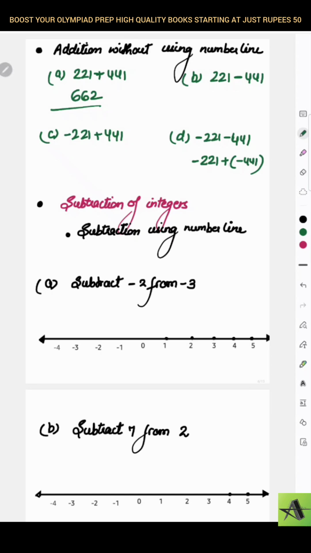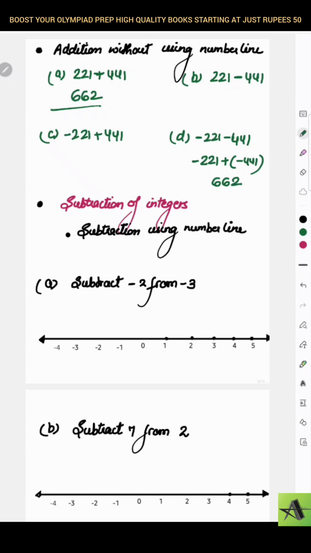Why? Because when I open this bracket, plus times negative becomes negative. So we get the same thing. Again, I'll explain this more clearly when we do multiplication and division of integers. So minus 221 plus minus 441 means I am adding two negative numbers. So still I'll be adding them together, which will give me 662.